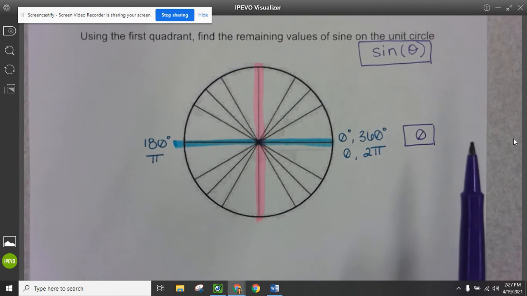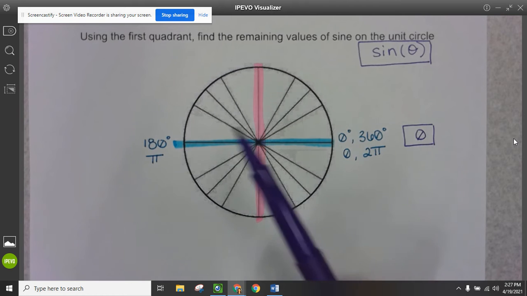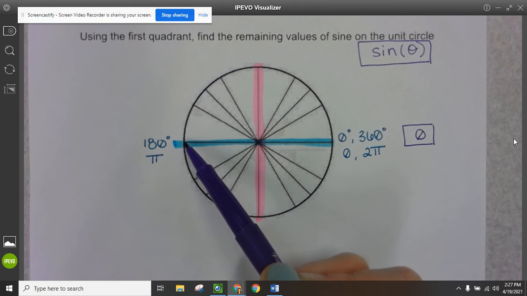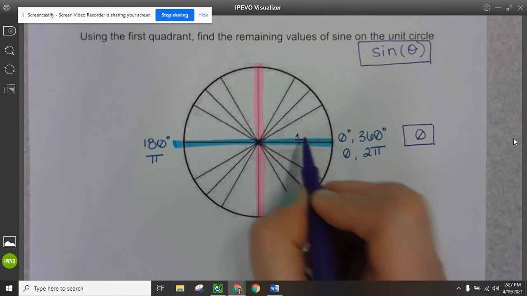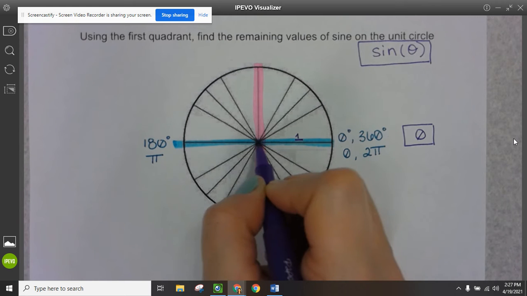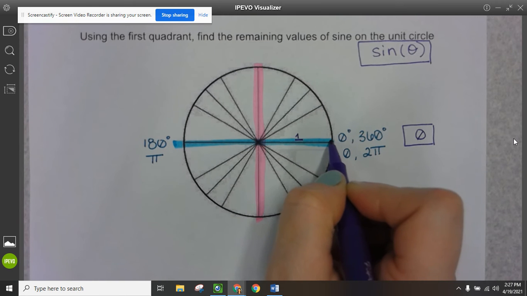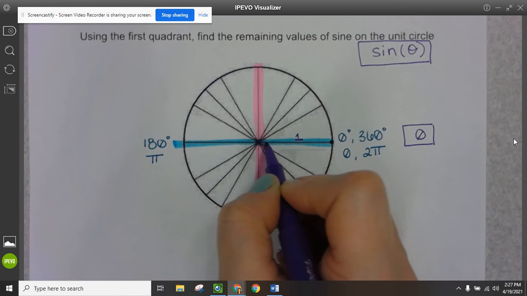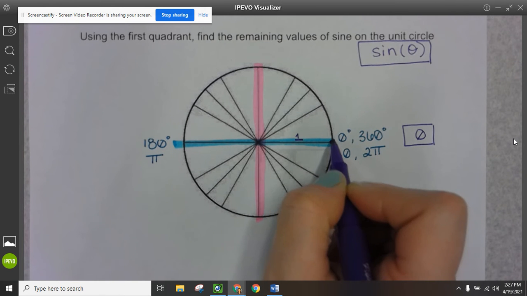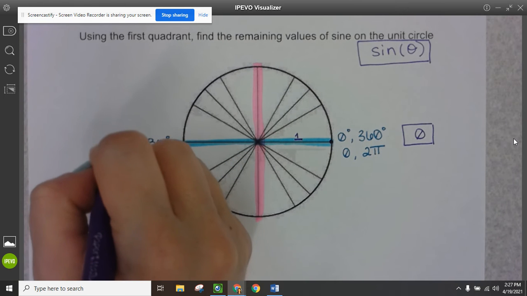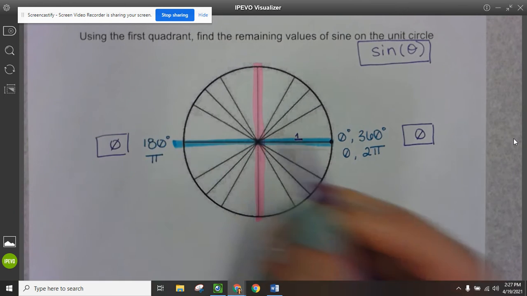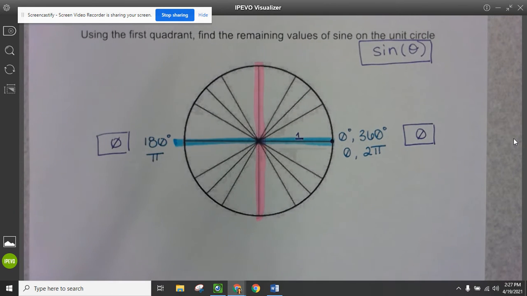And in terms of sine, this is the y value of this coordinate here. Remember, we have a radius of 1. So I've gone over to this point here. I've gone 1 unit over, but I haven't gone up any. So this sine value is also 0, reflecting over.